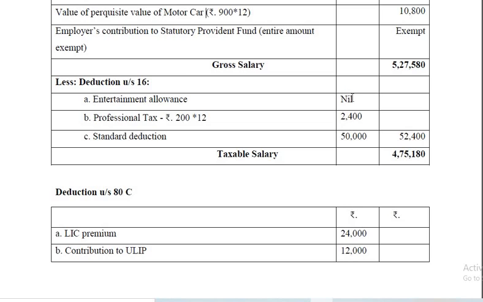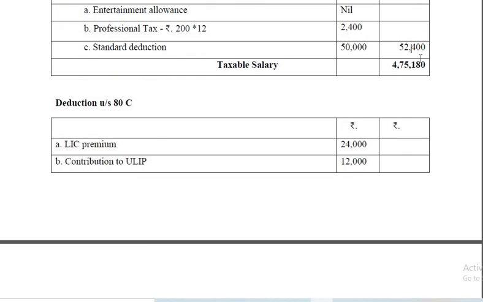Last year, for the assessment year 2019-20, that means previous year 2018-19, the deduction was 40,000. But this year, for the previous year 2019-20, the deduction available is 50,000. Understand? Under the heading standard deduction. Deduction under section 16 is over. Total amount is 52,400. As a result, taxable salary is 4,75,180.